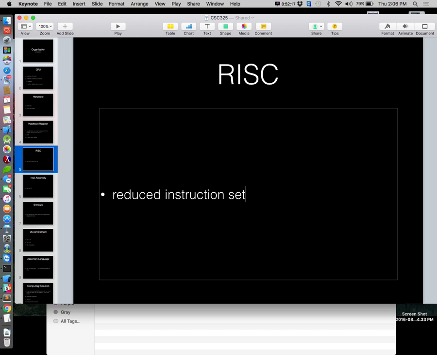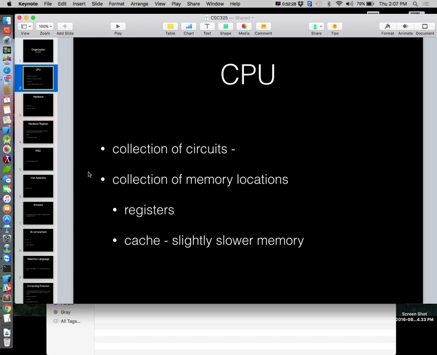So if we say that a PowerPC processor and an Intel processor, just as an example here, are physically the same size, and we've already said that a CPU is a collection of circuits, then if the PowerPC has fewer circuits on it than the Intel processor, that means he has either A, more room to put memory, if he chose to go that direction, or certainly more room to put heat dissipation type things, so he's probably going to be able to keep the CPU at a cooler clock speed.